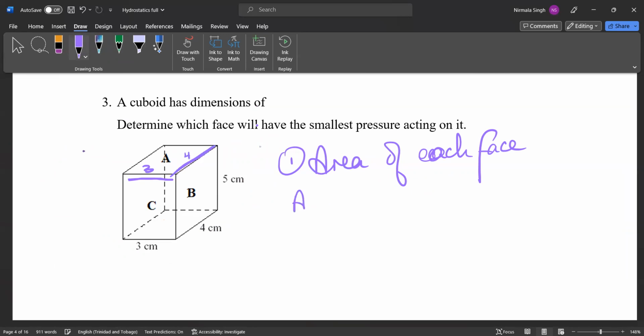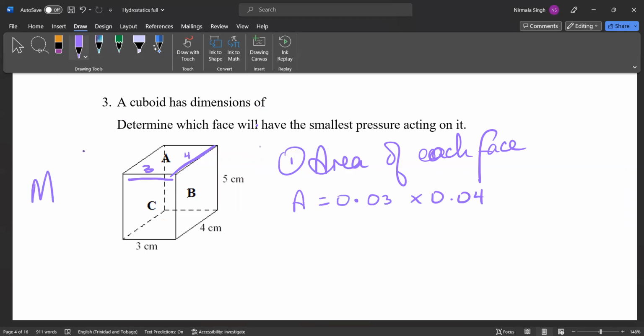So you can say A is equal to 0.03 multiplied by 0.04. Anybody want to know why I'm using 0.03 and not 3? Because you're using meters. Good, very good.